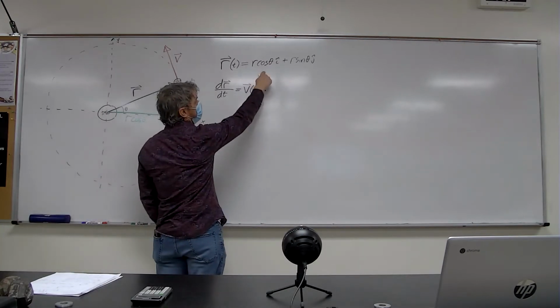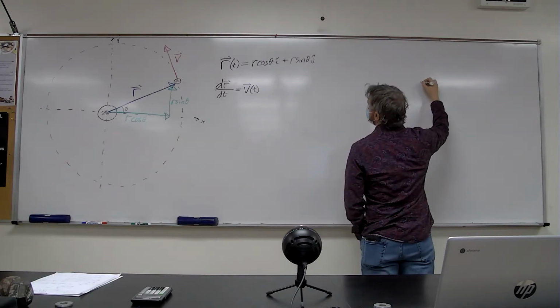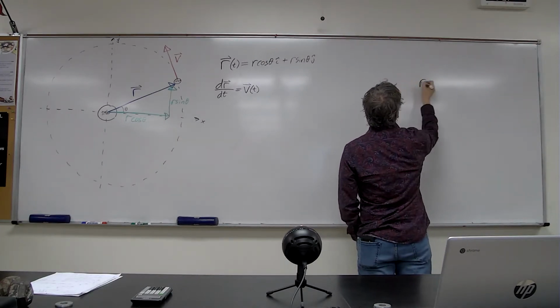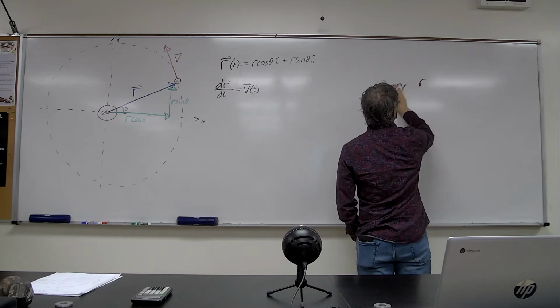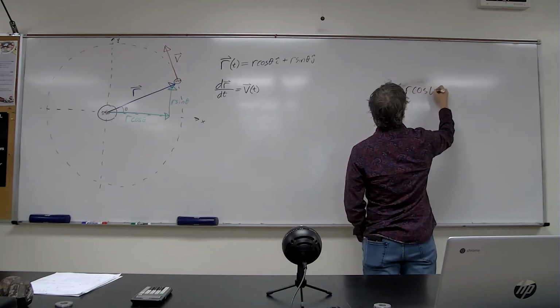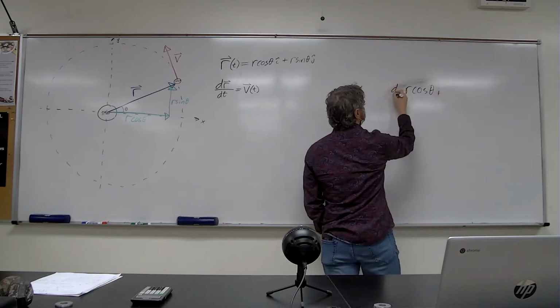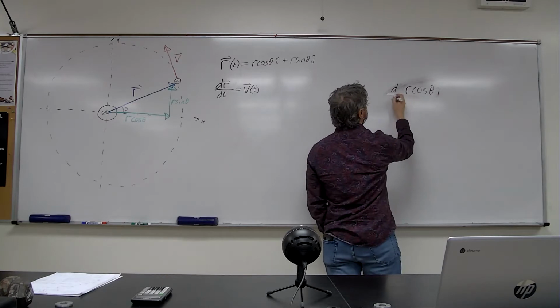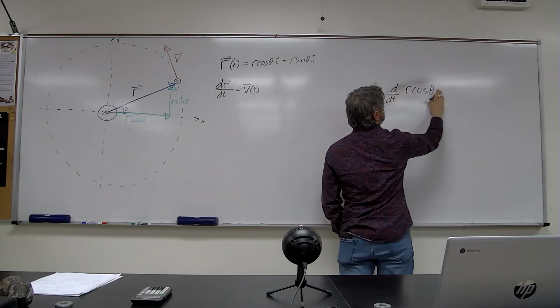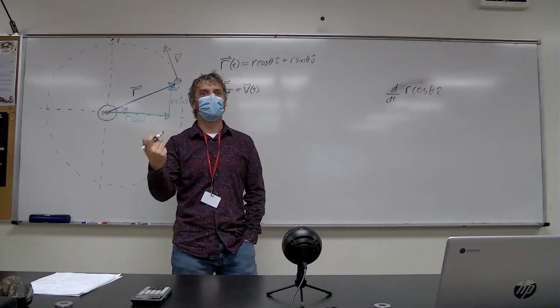Now, what's the derivative of r cosine theta times i hat? Only r, the derivative is a constant, right? It's a constant, so you just pull it out of the derivative. Theta is not constant. R's constant, theta is not constant.